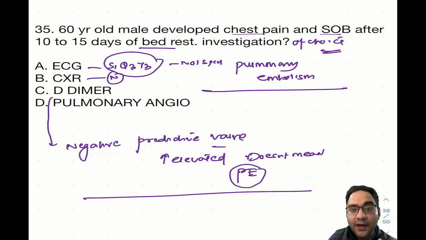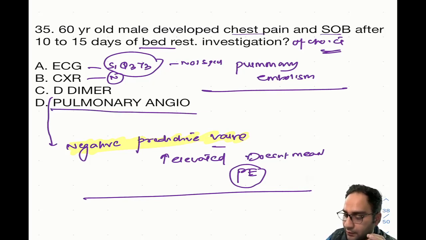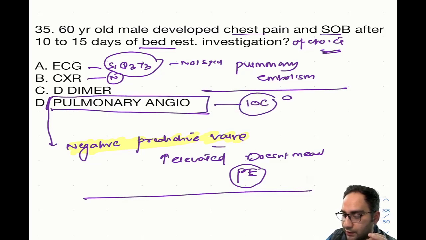But if it is negative, then it means you do not have pulmonary embolism. So that's the meaning of the word negative predictive value. Right? So you are left with only one answer, and that is the investigation of choice, and that is pulmonary angio. So pulmonary angio is basically the investigation of choice.